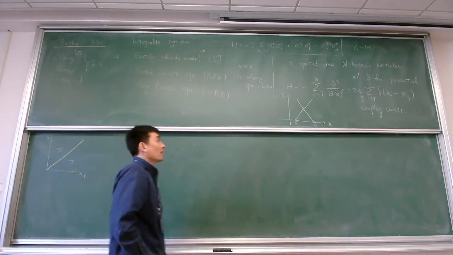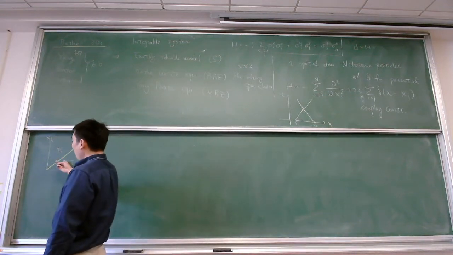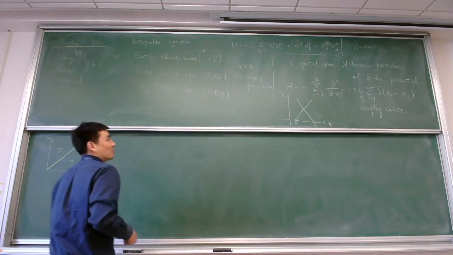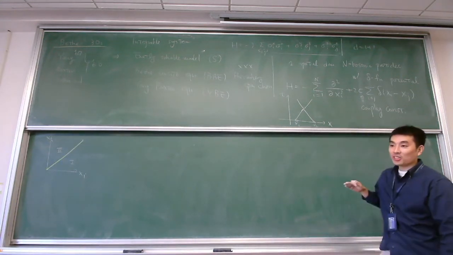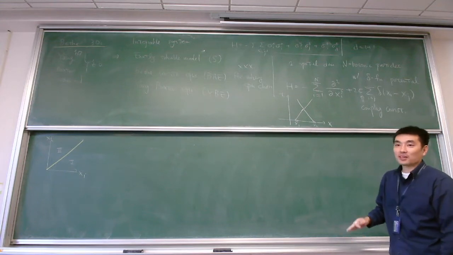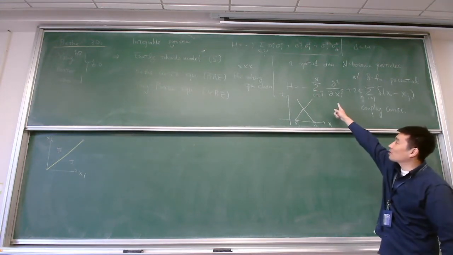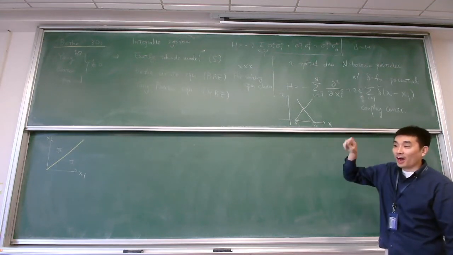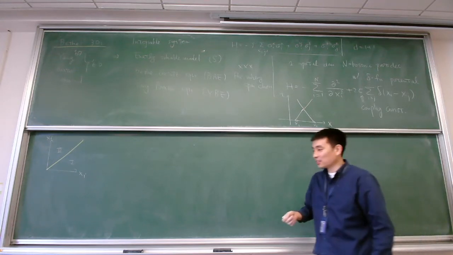And what Bethe considers, since this part and this part there's no interaction, everything is described by this kinetic term, which means that you just have the plane wave. The solution of this energy is e to the ikx. That's what you learn in quantum mechanics.